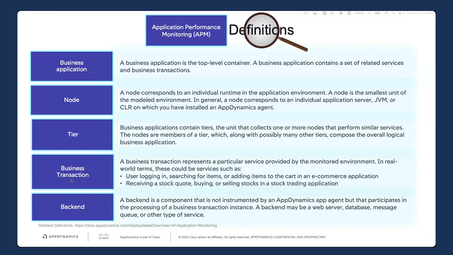That really represents how you, as the user, interact with a specific service. And within that BT, we monitor the different components which interact or engage, for example, the application code, the backend database, the message queue, all those different components of your IT estate which are required to meet that BT.